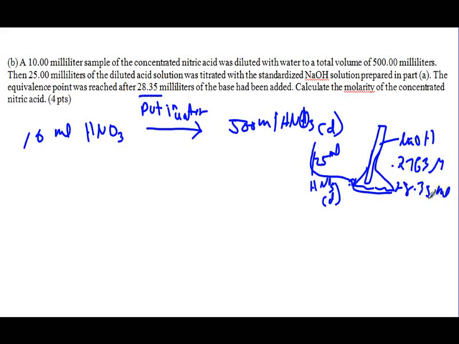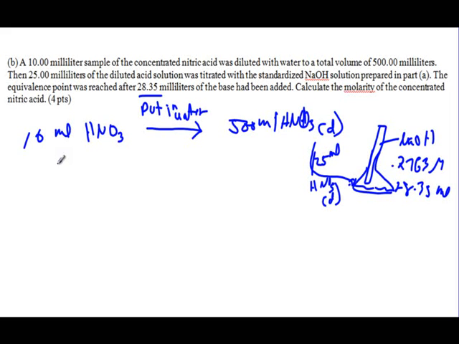Alright, so let's take a look. First, what I want to do is figure out the molarity of the dilute acid. So I want to find the molarity of this, and I am given the molarity and the volume of this.